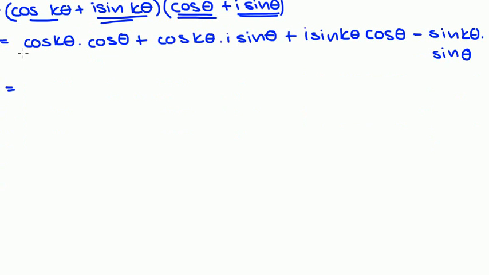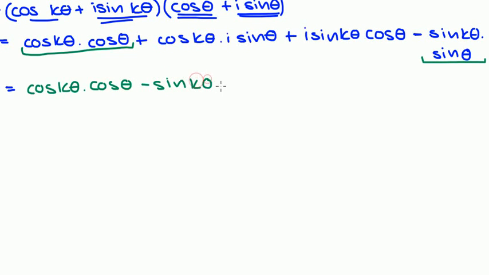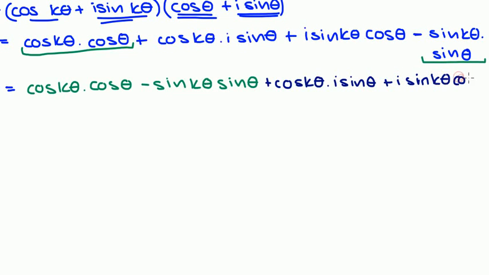So I'm going to put together the terms that are real and the terms that are imaginary. My first term is real, second one is imaginary, third one is imaginary, and then my fourth one is real. So cosine k theta cosine theta minus sine k theta sine theta, and then plus cosine k theta i sine theta plus i sine k theta cosine theta.